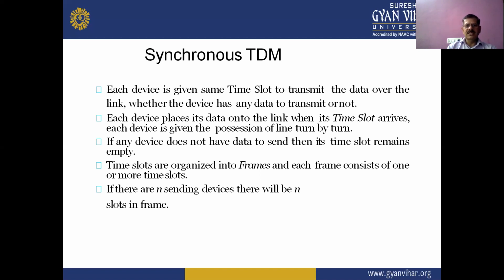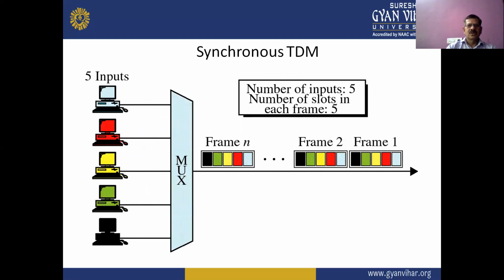If there are n sending devices, there will be n slots in a frame. This diagram shows the synchronous TDM system. Number of inputs here is 5, and number of slots in each frame is 5. So that is the synchronous TDM system.